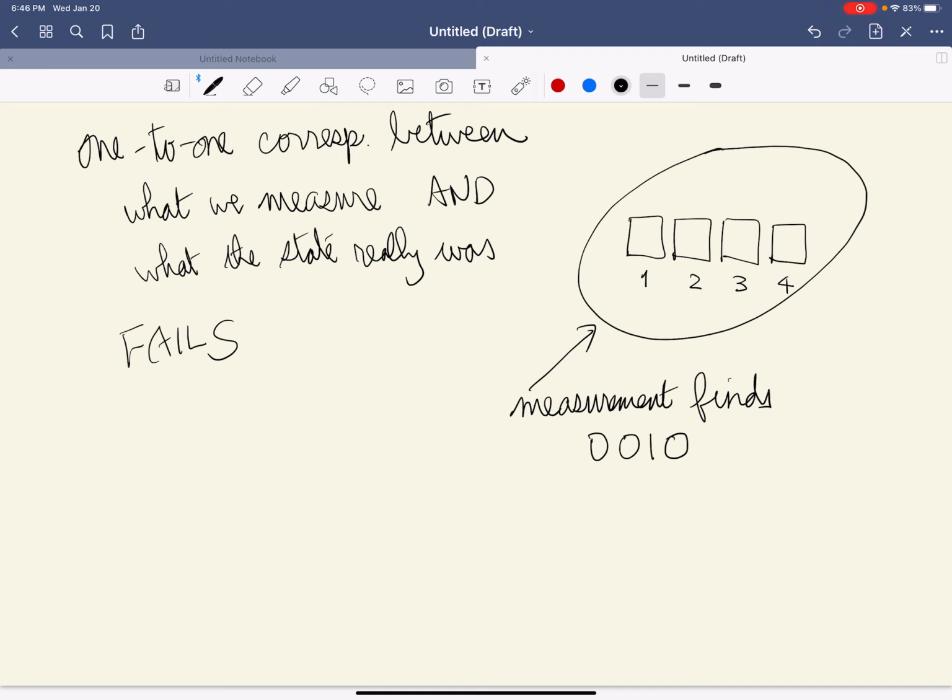Okay, so maybe here's another thing that I need to emphasize before it's too late. Although the thing that we're trying to manipulate, and the thing we're trying to do a measurement on, is a quantum system, the actual outcome of the measurement itself is very classical.